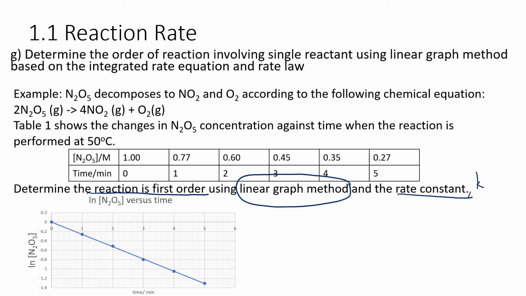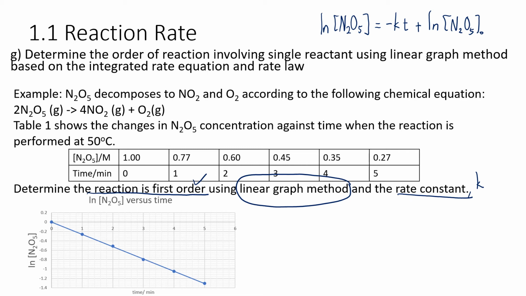To use the linear graph method to determine the reaction is first order, you must remember the integrated rate equation for the first order reaction, which is ln remaining concentration of our reagent, which is N2O5, equals negative kt plus ln initial concentration of our reagent N2O5.